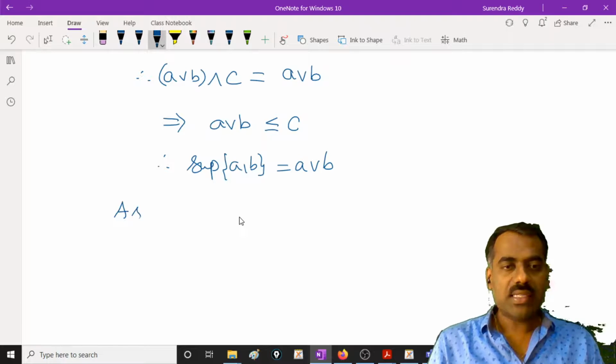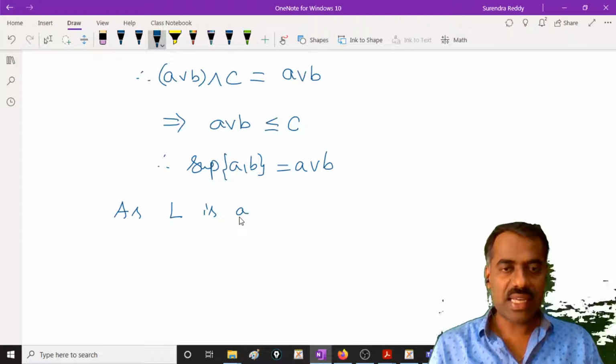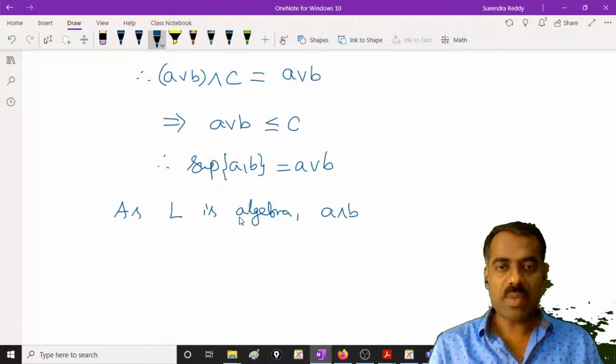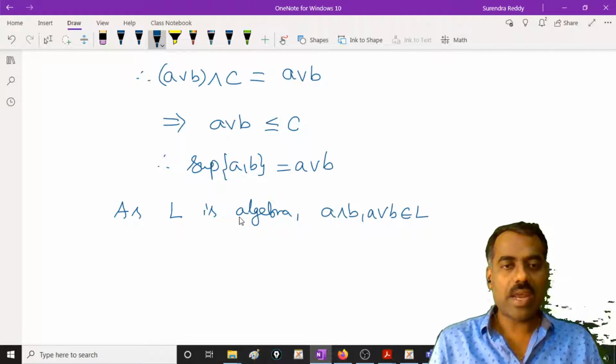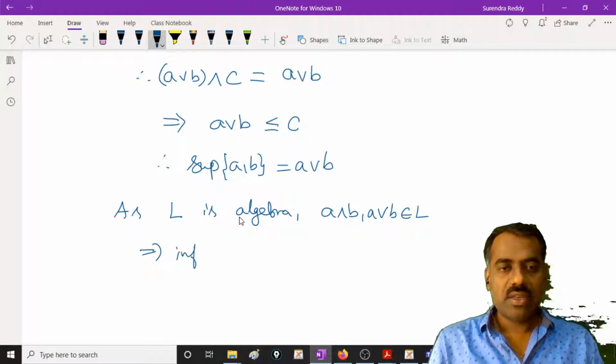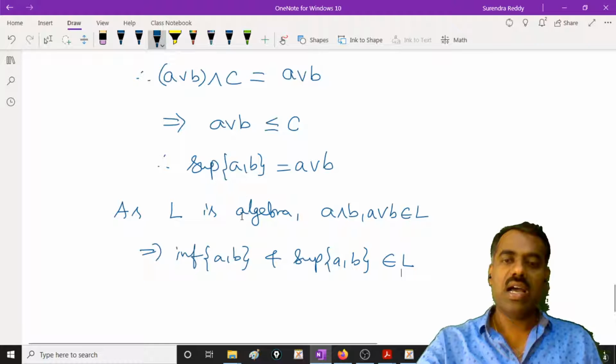Now, take L as an algebra, or you can say it is a lattice, or even algebra is sufficient. The algebra we have here has A meet B and A join B belonging to L, because they are binary operations. This implies the infimum of A comma B and the supremum of A comma B also exist, right?